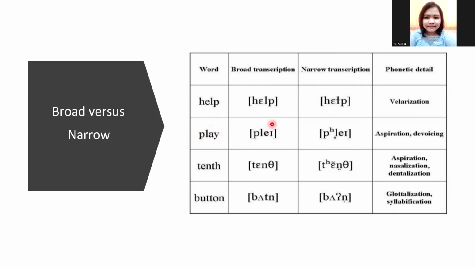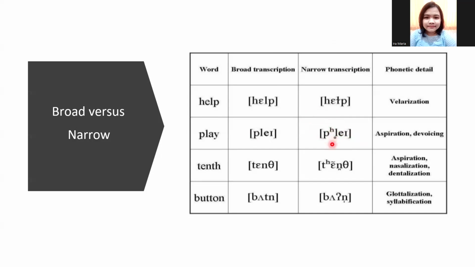The simplest narrow transcription, for example, for the second example here, the word play. So this is the broad transcription, and then this one is the narrow transcription. If you still remember, the p sound is the plosive sound, so that's why we have the H symbol here, and then we also have the small circle here under the p sound.